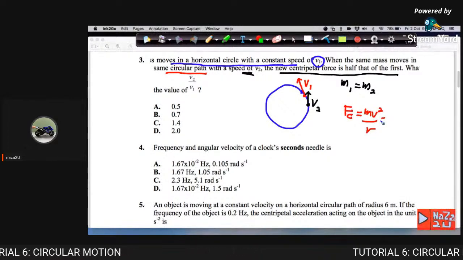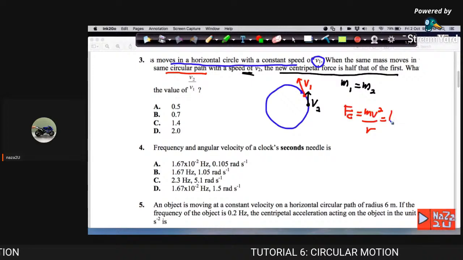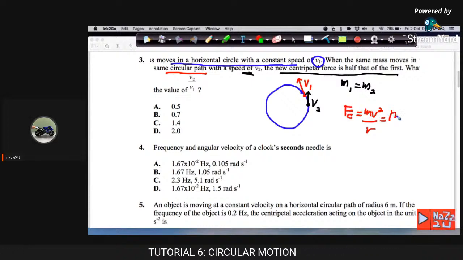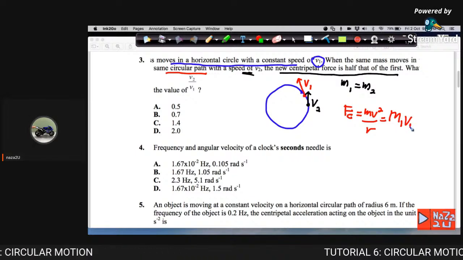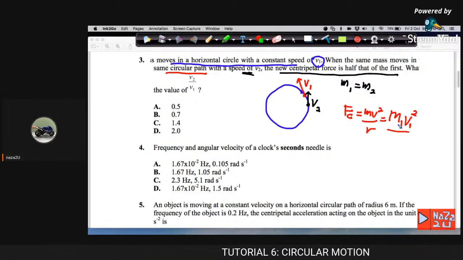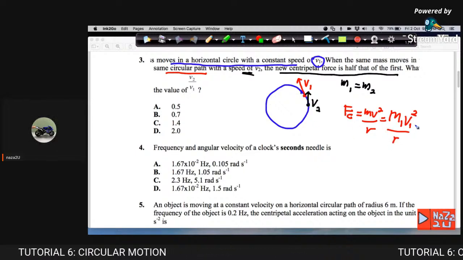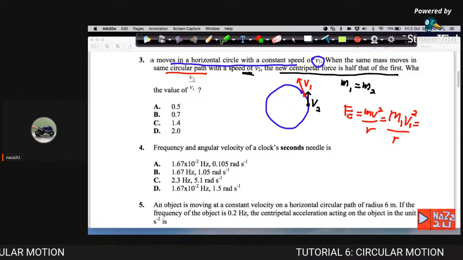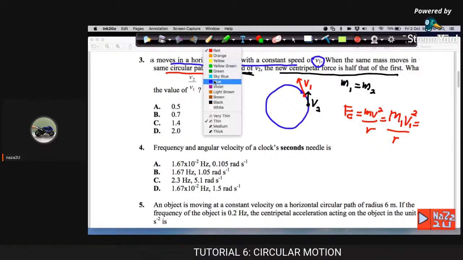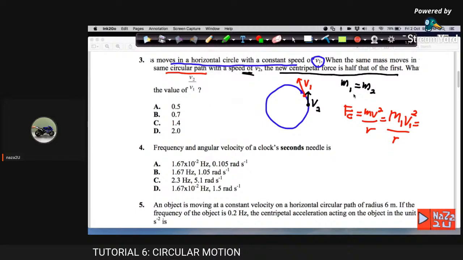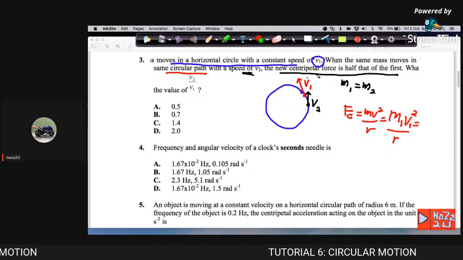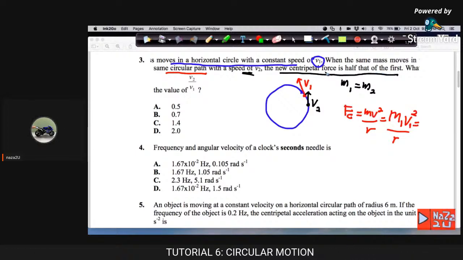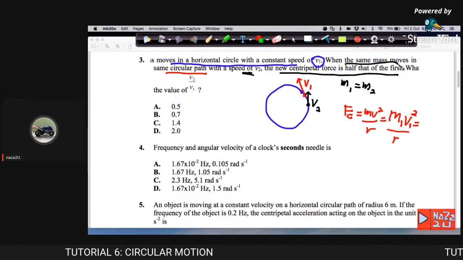So for the first object, I use m here. This is for the object m1 with v1 squared, and because it is the same circular path, the radius has the same value. For the second mass, we have the same mass, and the centripetal force is half of the first.